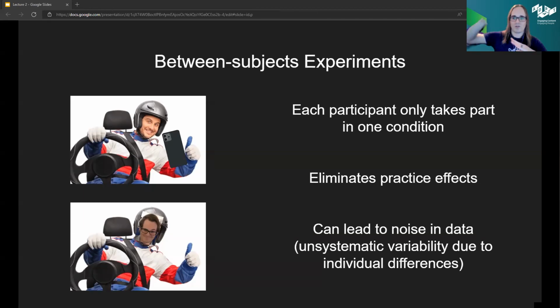That way we can make sure that the two samples are matched for experience in driving, or we can ask people, tell us how great of a texter and driver you are, or something like that. We can sample match to make sure our between subjects conditions have roughly similar samples of people in whatever individual difference we're worried about.